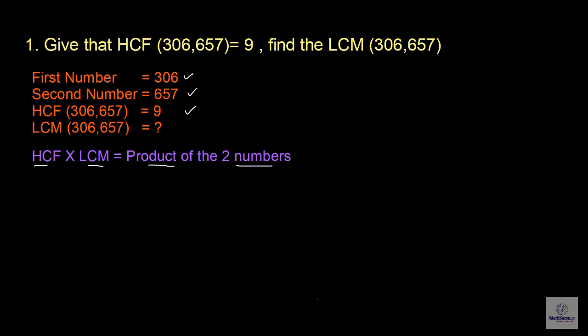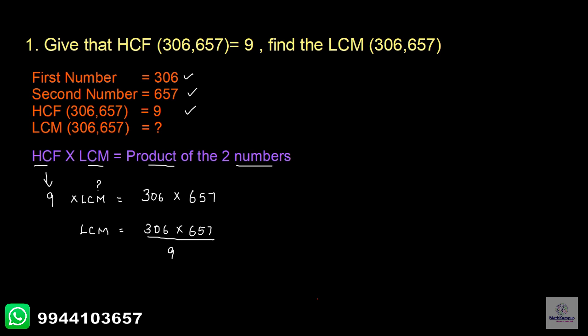So இங்கே HCF வந்து 9, LCM வந்து எனக்கு தெரியாது. So I will write it as LCM itself. I need to calculate this LCM. Product of the two numbers. My first number is 306 and my second number is 657. LCM equal to 306 into 657 divided by 9.